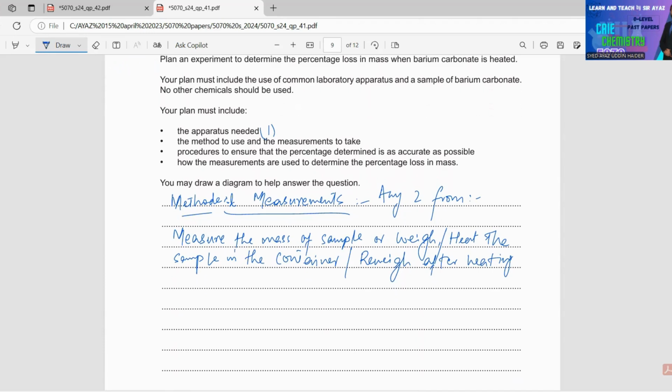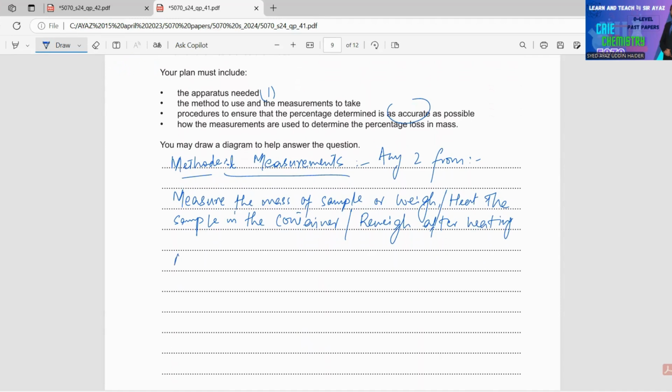So they are saying procedures to ensure the percentage determined is as accurate. Now they are talking about accuracy. So for accuracy, again you have any 2 points from this. Heat again or reheat.